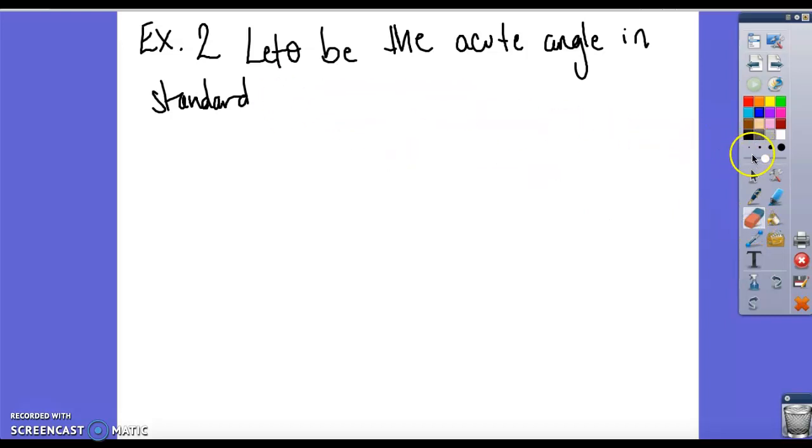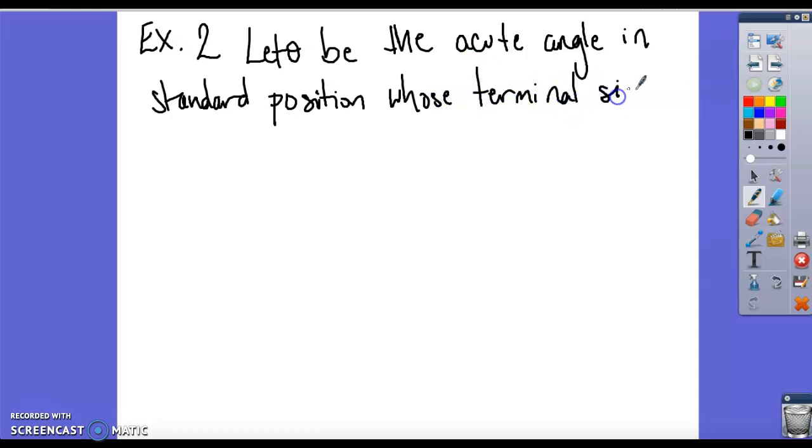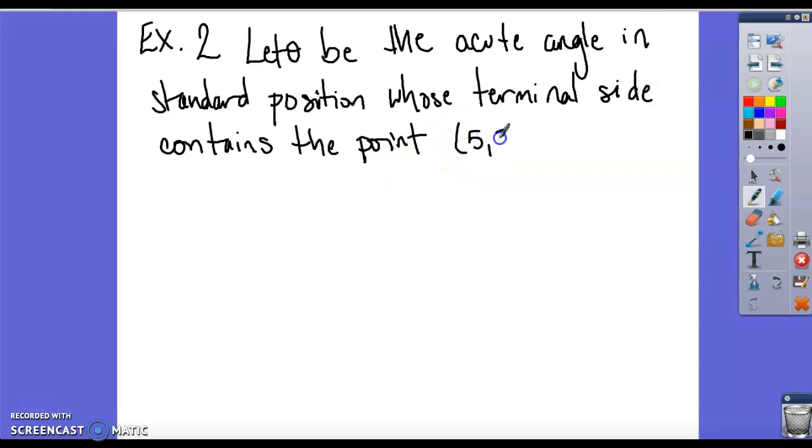Let theta be the acute angle in standard position whose terminal side contains the point (5, 3). Find the 6 trigonometric functions of theta.